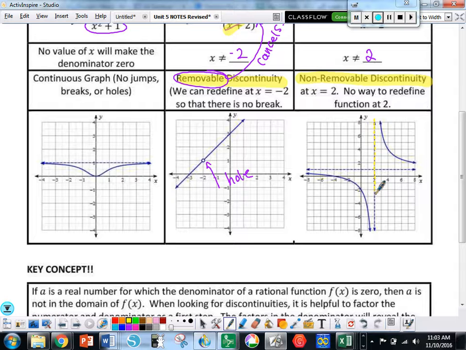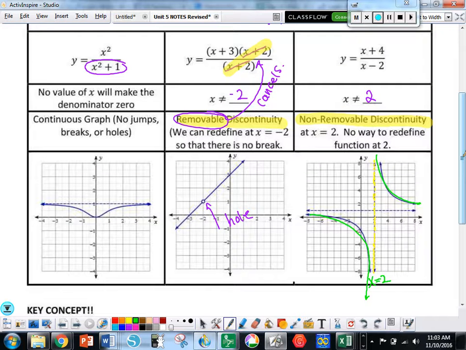There's a break in the graph. Notice on the graph how this part goes down. It gets closer and closer to that asymptote without actually crossing it. And then it kind of jumps up and it goes this way. But at this point, x equals 2, or this line, x equals 2, the graph can't ever cross that. Because if the graph crosses that, that means there's a point where the denominator is 0, and then that can't happen. The denominator won't ever be 0.